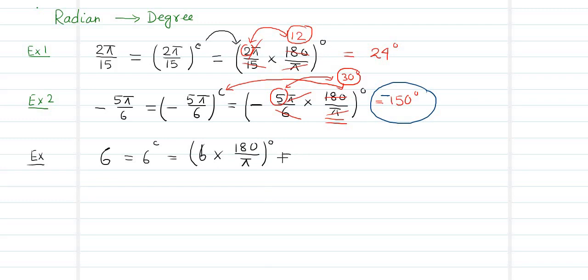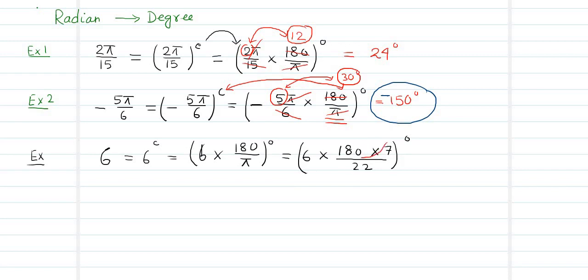That is equal to 6 into 180 into 7 by 22. Why this 7 and 22? Because of the fact that pi is equal to 22 by 7.